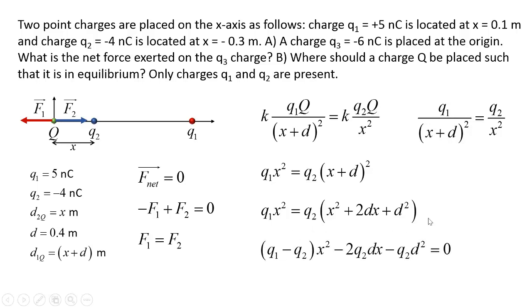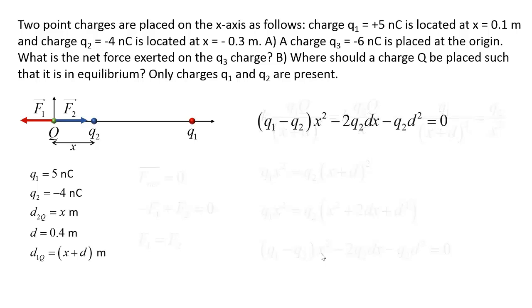So we bring all the terms on the right to the left side of the equation. And then we have (Q1 minus Q2) multiplied by x squared minus 2Q2 dx minus Q2 d squared equals 0. This is a quadratic equation, and the result is the position of the charge Q with respect to charge Q2.